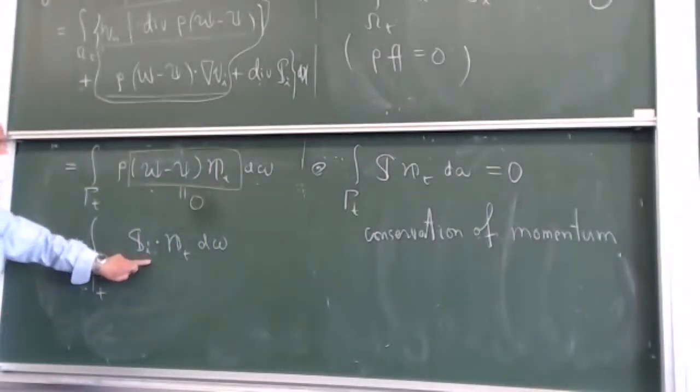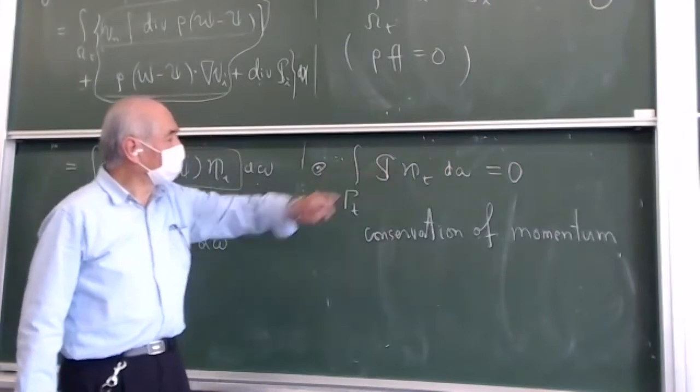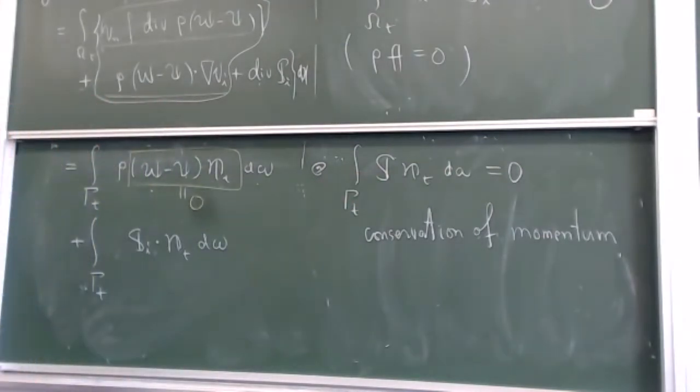This is the ice component. Now again I use a vector representation.